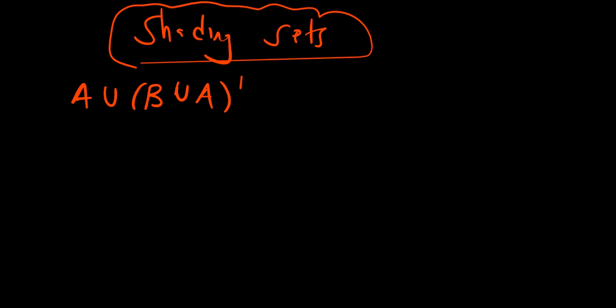Always simplify first before you solve. So A union, you distribute the complement. When you distribute the complement, the complement will fall on B, according to De Morgan's law. Then what will happen to the middle sign? It will change to intersection. So A union B intersection A complement, like that.